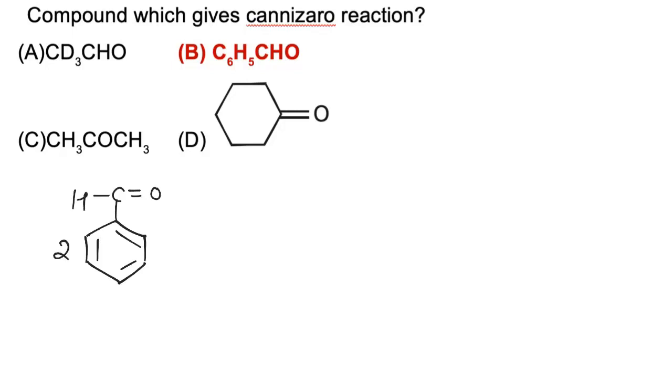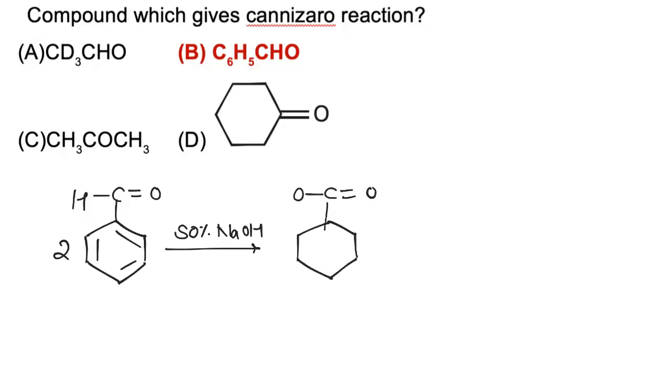So if two equivalents of benzaldehyde are treated with 50% NaOH, one molecule of benzaldehyde would be converted to benzoic acid, and since the medium is basic, benzoic acid will be converted to its salt, sodium benzoate, plus one equivalent of benzyl alcohol is formed as a product.